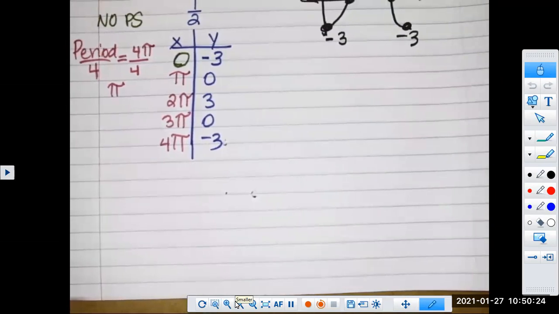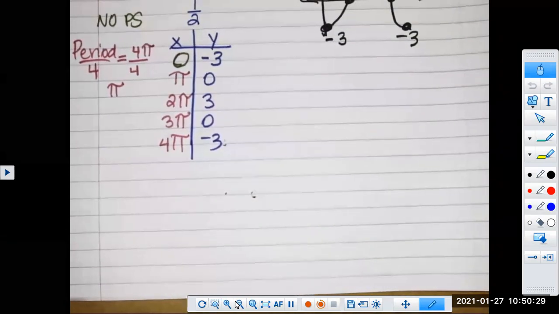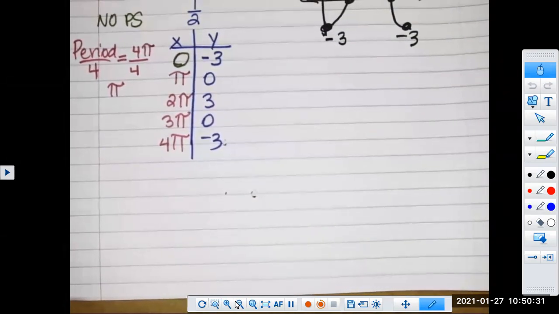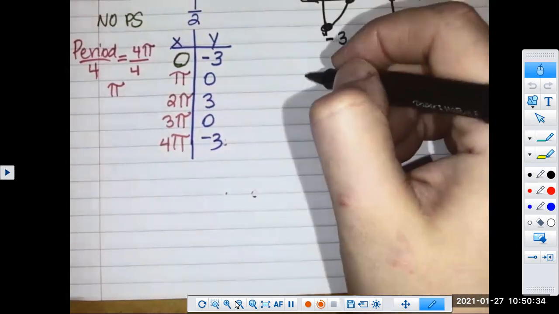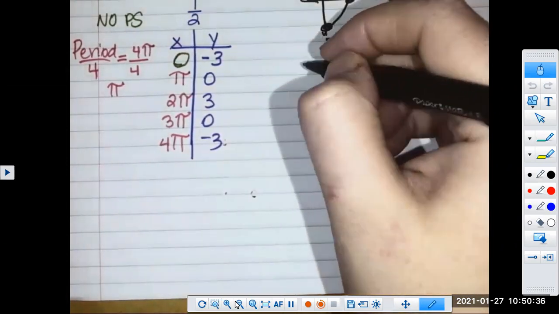Okay, your amplitude is 3, but for cosecant and secant, you always want to make sure you go out at least 1 past that amplitude. So I'm going to draw my y-axis out to 5.